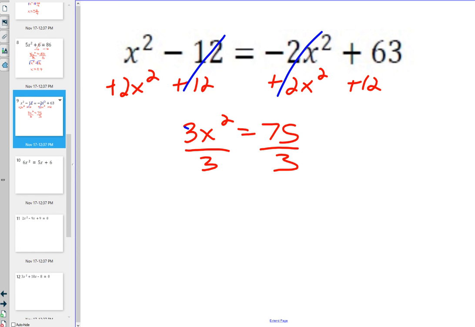If it went to the other side, it would say 25 equals x squared. If you go on the opposite side, you would have gotten negative 3x squared, but you also would have gotten negative 75. So then you would have ended up dividing negative 75 by negative 3, and you still get a positive.